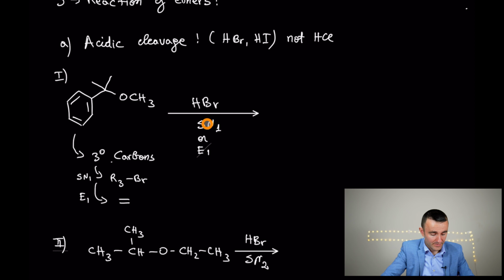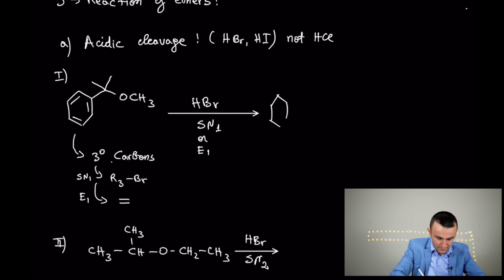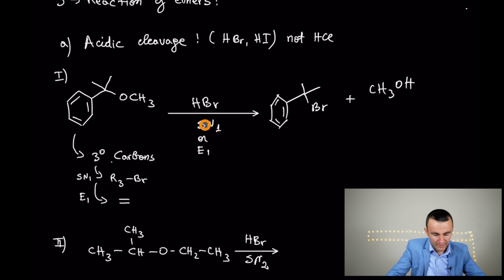SN1 mechanism. And in this case, you're going to have the formation of a tertiary halide plus the alcohol that remains. This is according to SN1, and some goes according to E1, and you are going to have formation of a double bond, right? This is according to SN1, this is according to E1.